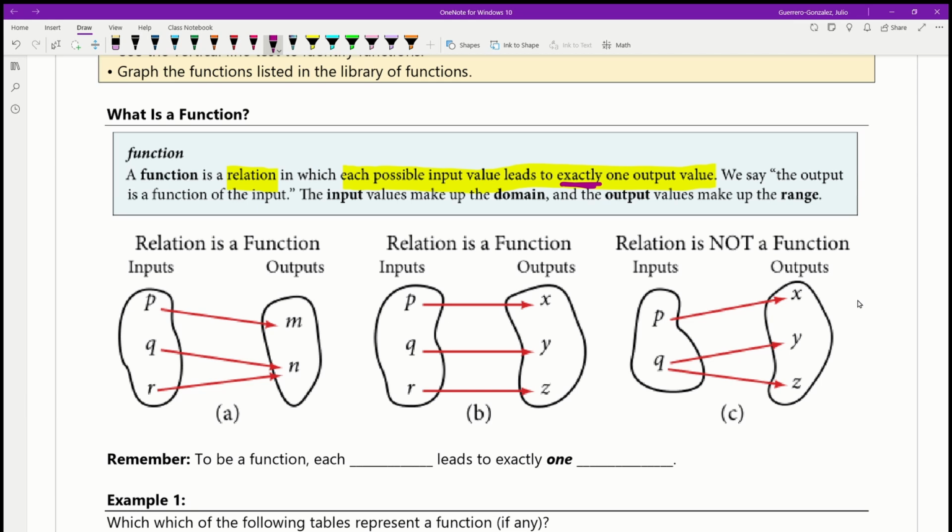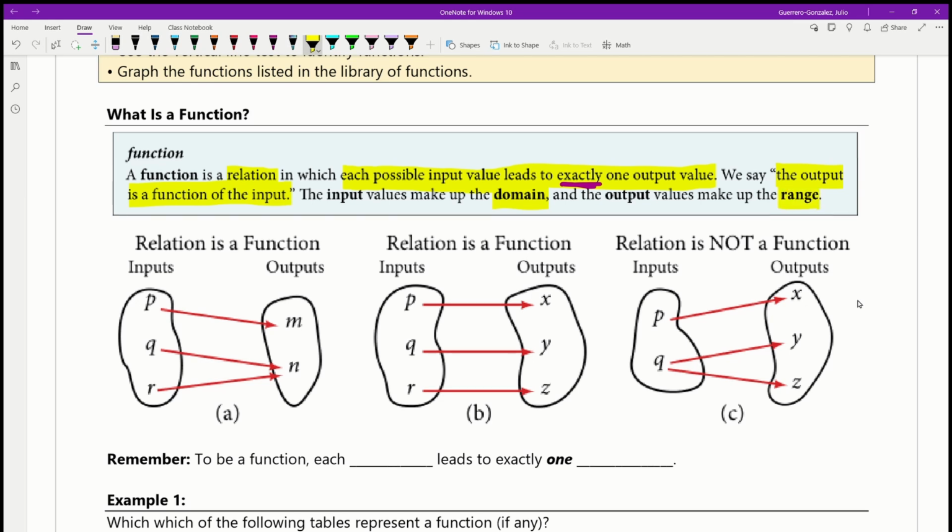We say that a function is the output of the input. So if we put something in, the function puts something out. The set of all inputs is what we call the domain, and the set of all the outputs is what we call the range.